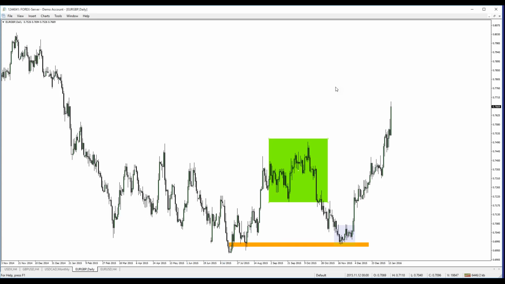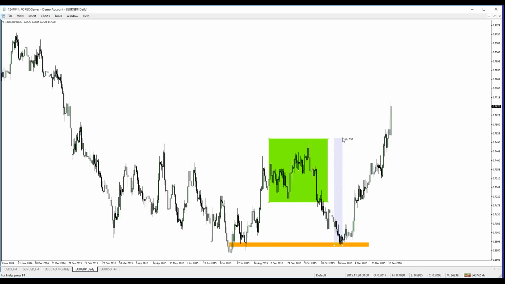So I'm not sure where you are in your scope of trading, but if you could get into a trade around the 70 level down in here, knowing that the likelihood is it's going to run up to here and clear that out, not even so much as this, say it just gets back to here. If you can find trades like that every year, just one of them, and you use your money management and your trade setups, if you can set up a trade down here with 20, 30 pips risk, well, let's see what it is. I'm not sure what it is really, top of my head.